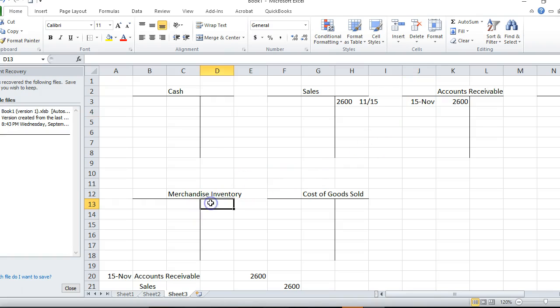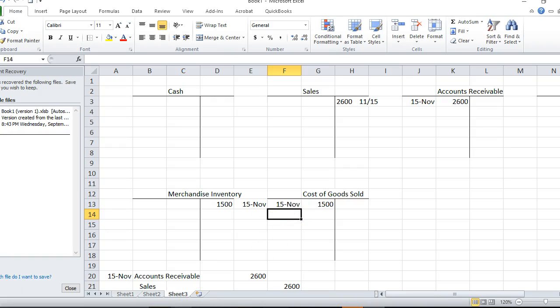We're also going to show our merchandise inventory got credited on November 15th, $1,500. And on November 15th, our cost of goods sold got debited $1,500. Does that make sense? Both transactions have to happen. Because we're not just dealing with the service, we're having to show not just the sale of that inventory, but what we paid for it. It's no longer an inventory, it's sold.